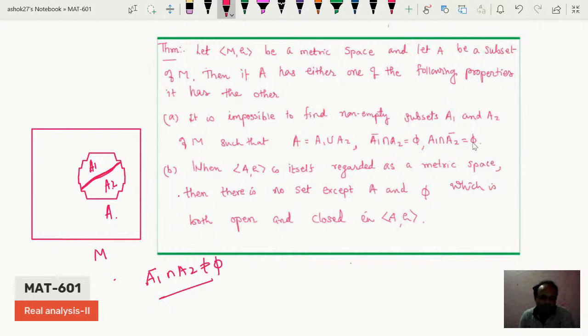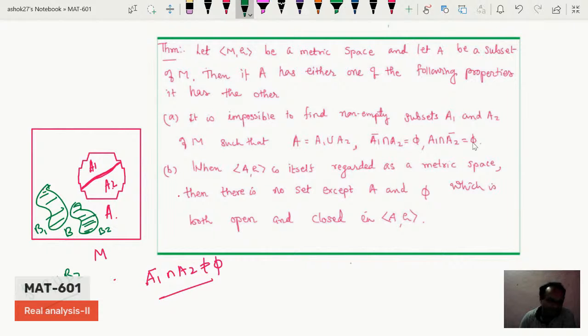Suppose you take a set like this, suppose this is set B, both this and this. In this case, I can write B as B1 union B2. And what is B1 closure? B1 closure will again be different from B2.